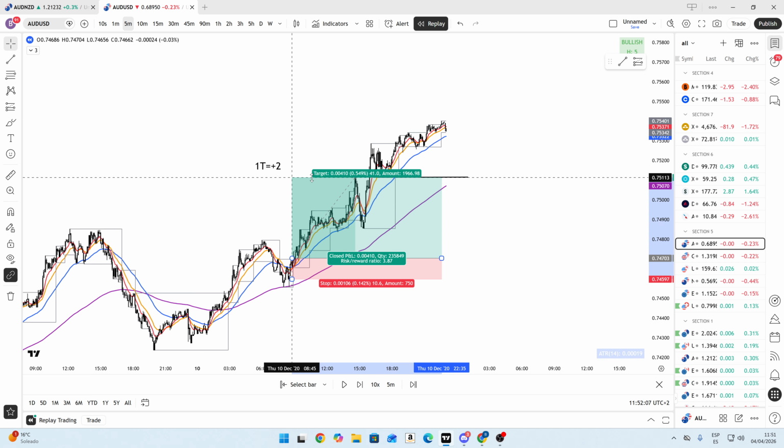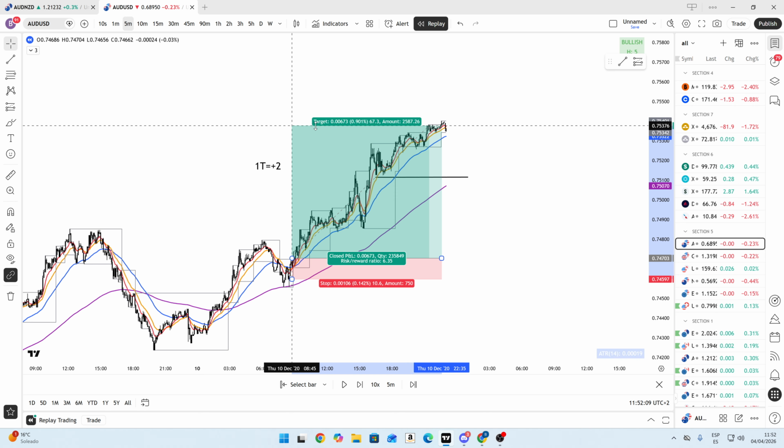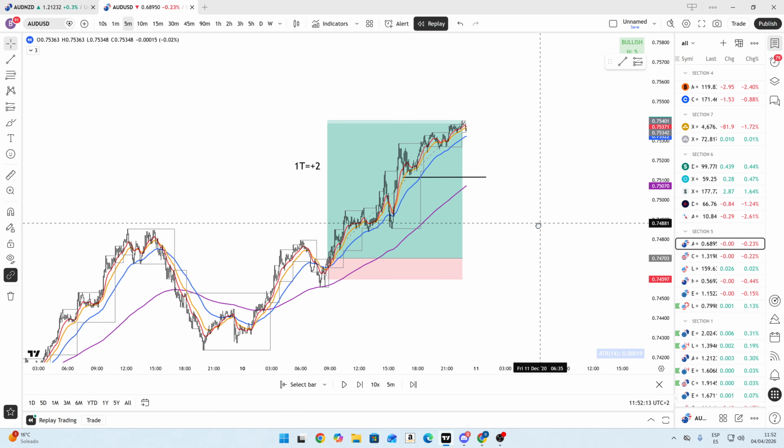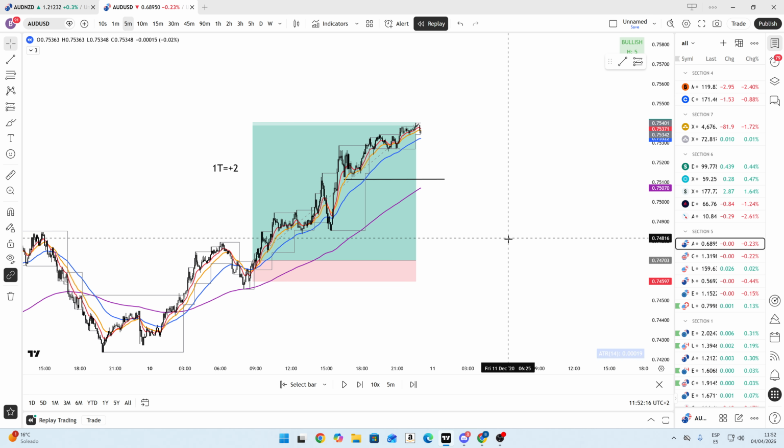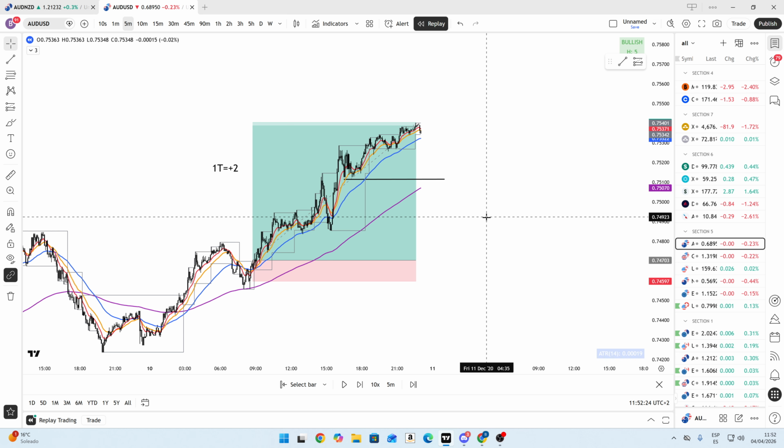Now I'll take around 30%. Okay, so it's 50 first partial, 30% the next partial, which equals 80, and then 10% for my next one, and then 10% for my next one, which equals 100%. Okay, 50, 30, 10, and 10.